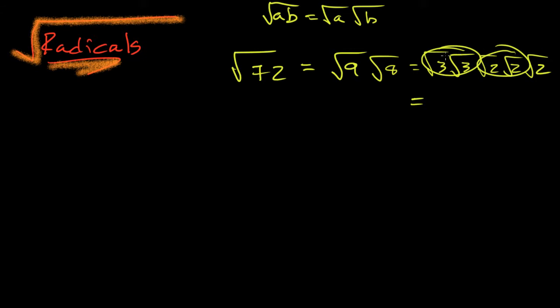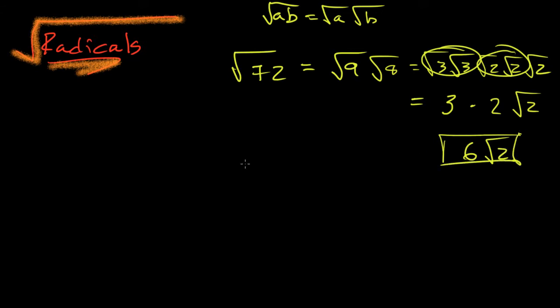This pair, the square root of 3 times the square root of 3, is just 3, and this pair is 2, and I can't pair up the last square root with anything. So I end up with 3 times 2 times the square root of 2, or 6 root 2.